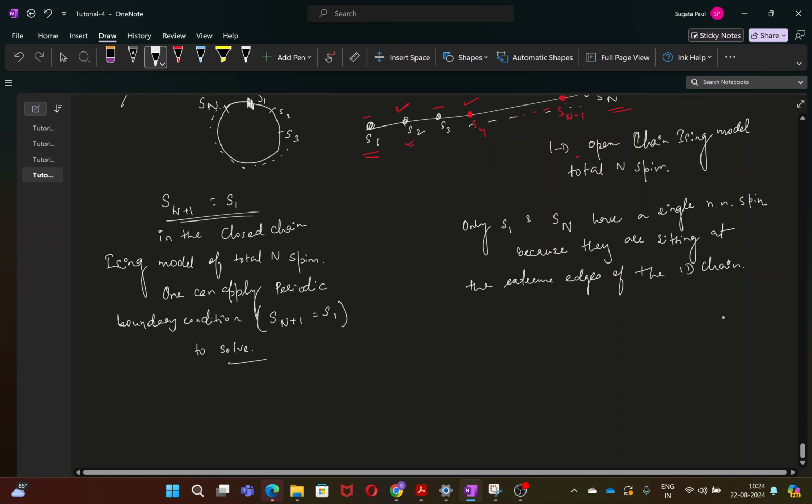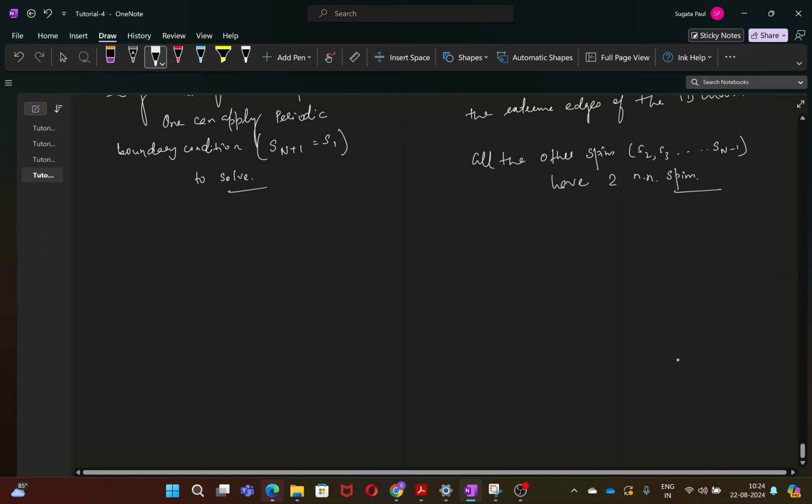And all the other spins like S2, S3, continuing up to Sn minus 1 have two nearest neighbor spins, right?